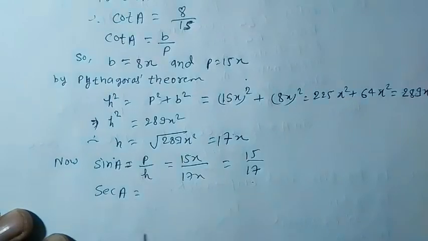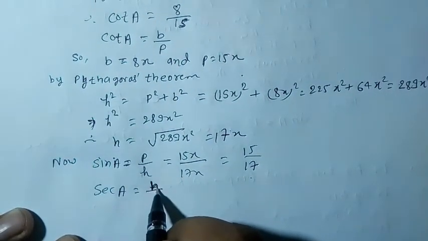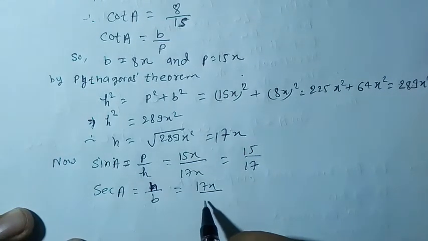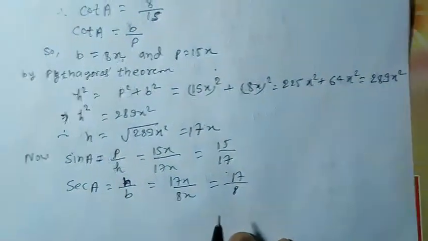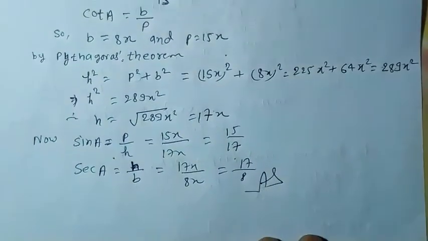Sec A is equal to hypotenuse by base, 17x by 8x, which is 17 by 8. Answer. The next question.